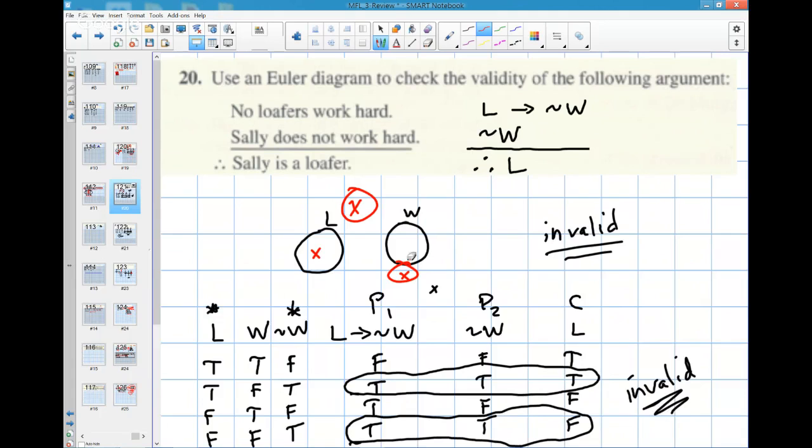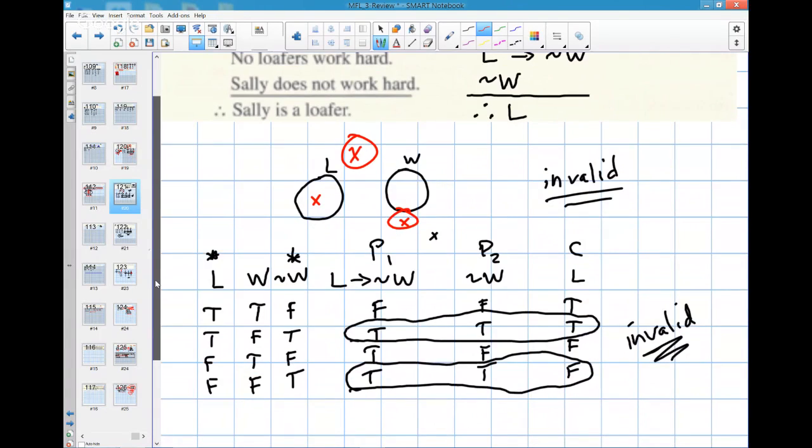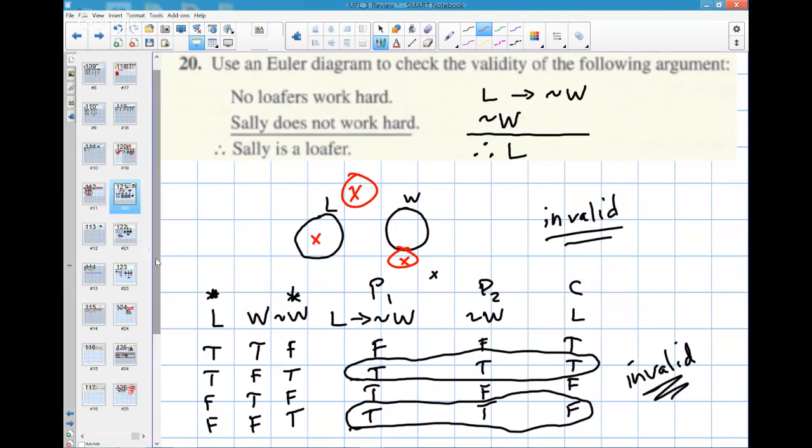So anyway, that's invalid. And by the way, at the bottom, if you did it with a truth table, you weren't supposed to, but just for practice, if you want to do the argument in truth table form, you can also see in agreement, yep, that's an invalid argument.